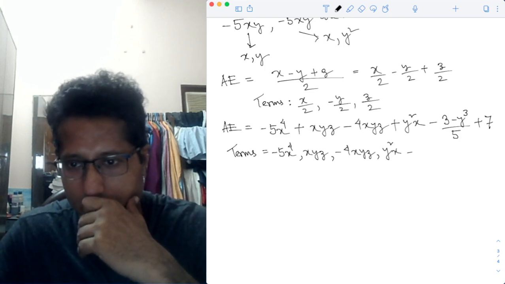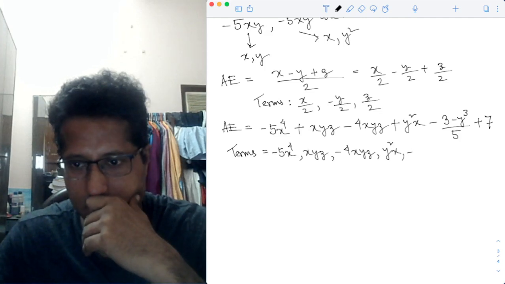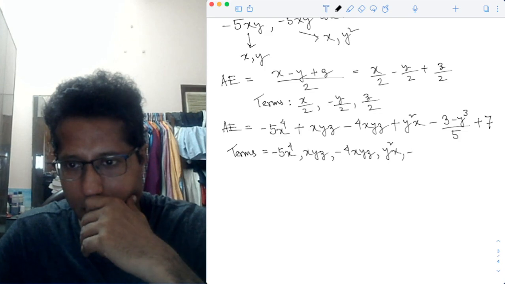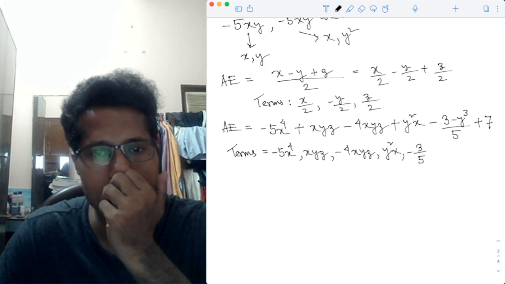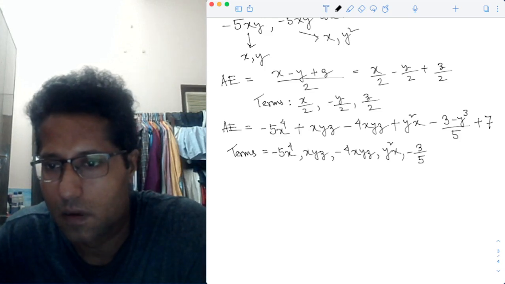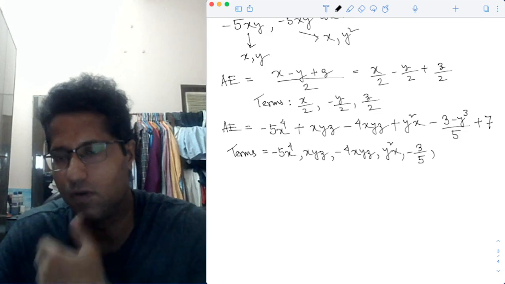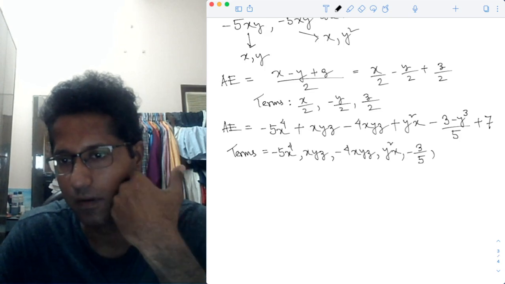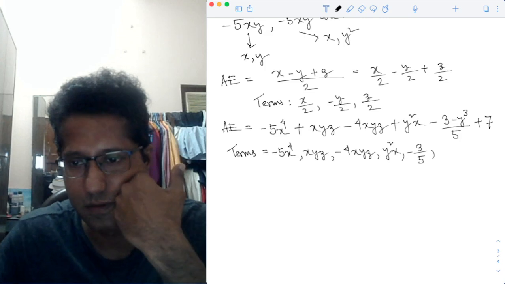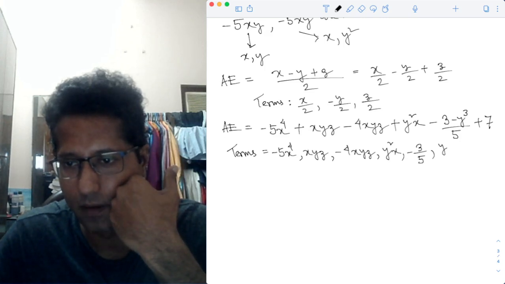After y square x, another term will be, you have to expand it, split it as 3 by 5 minus y cube by 5, and we will have 7.